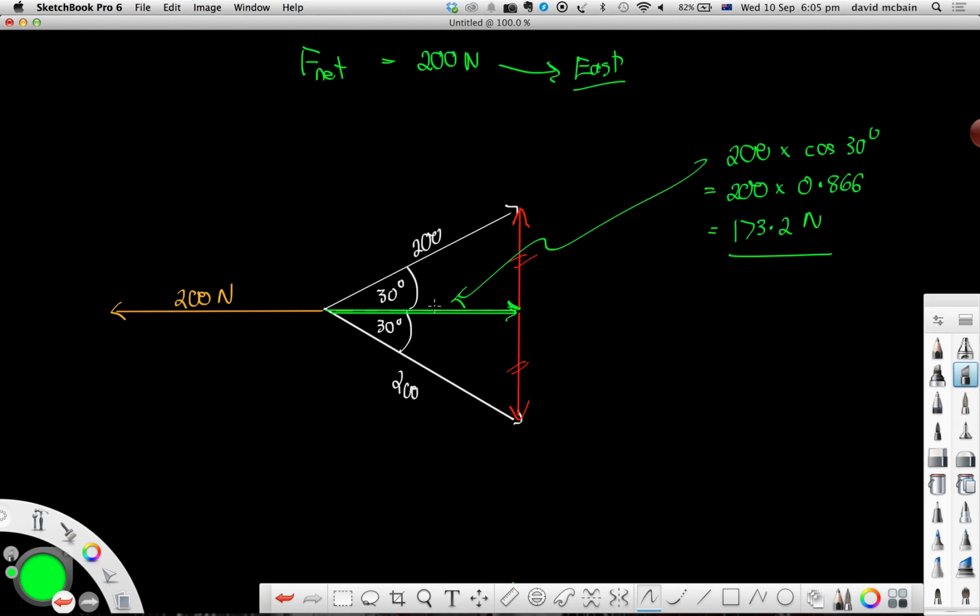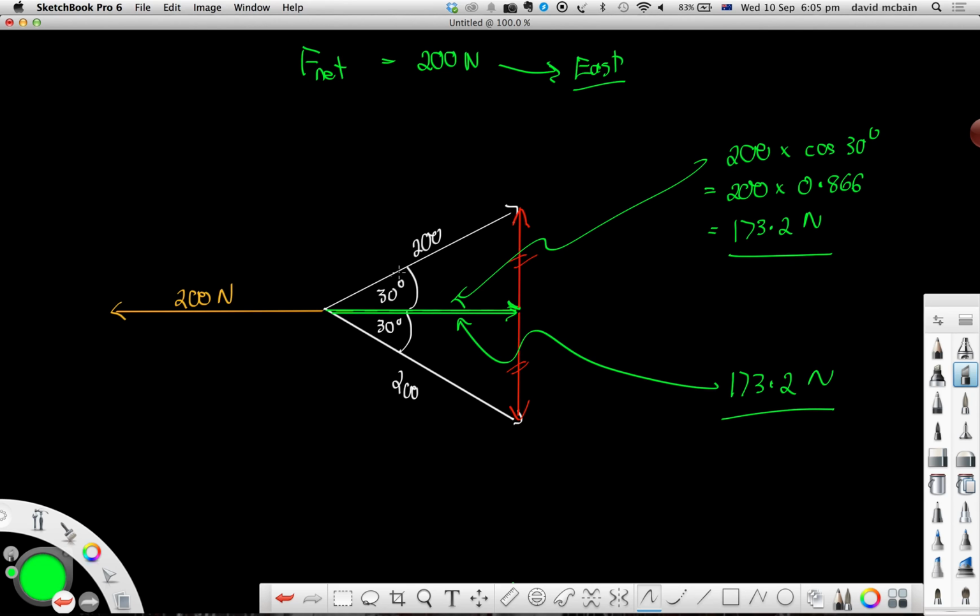So that force on this triangle is 173.2, but guess what? There's a force there, which is also the same, so it's also 173.2 newtons.